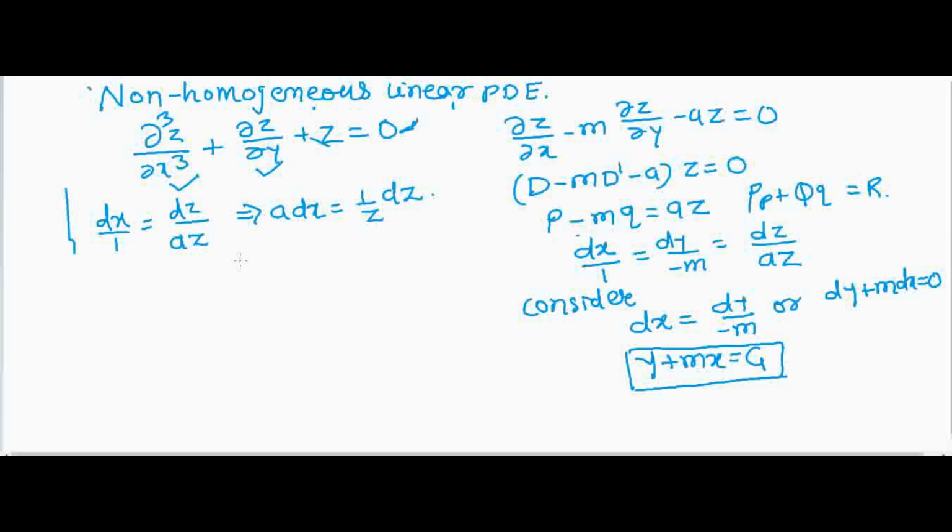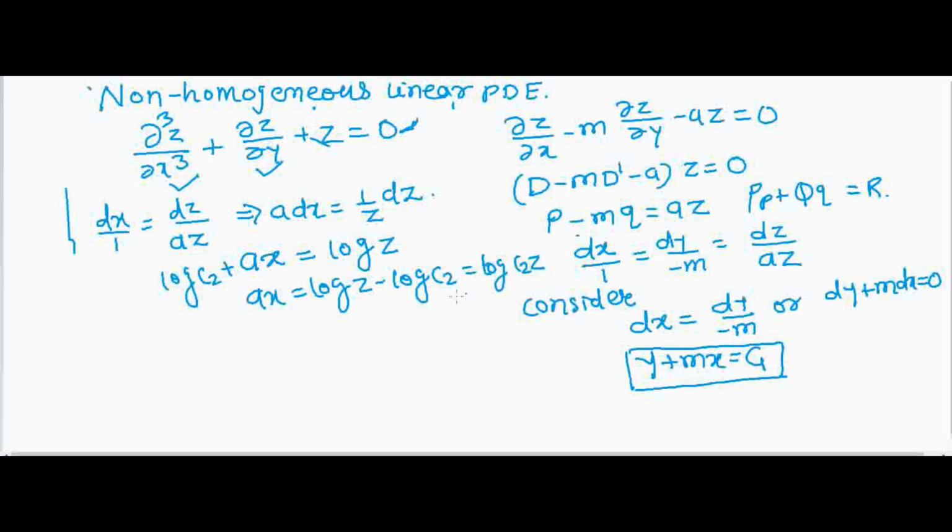Let us integrate this. We get ax = log z + log c2 as the integrating constant, so ax = log z − log c2, or log(z/c2).